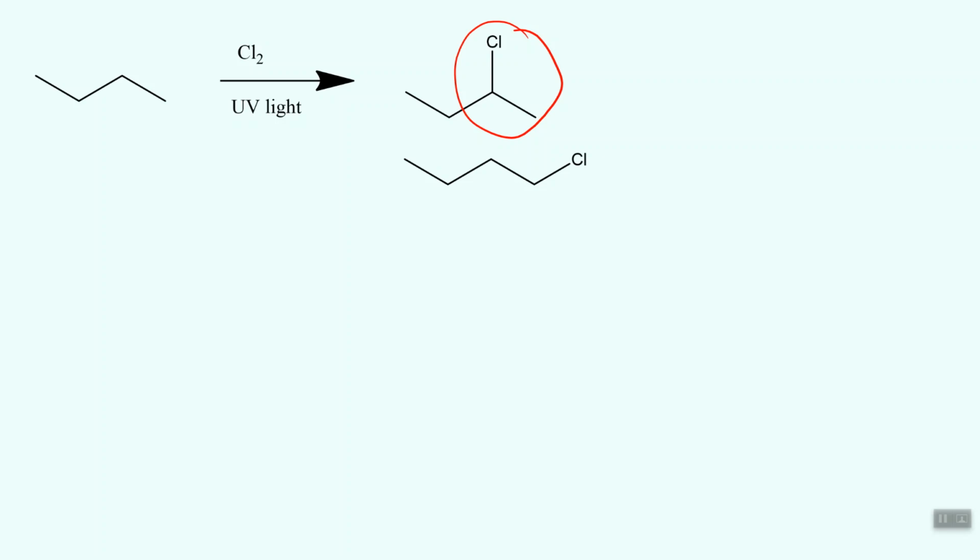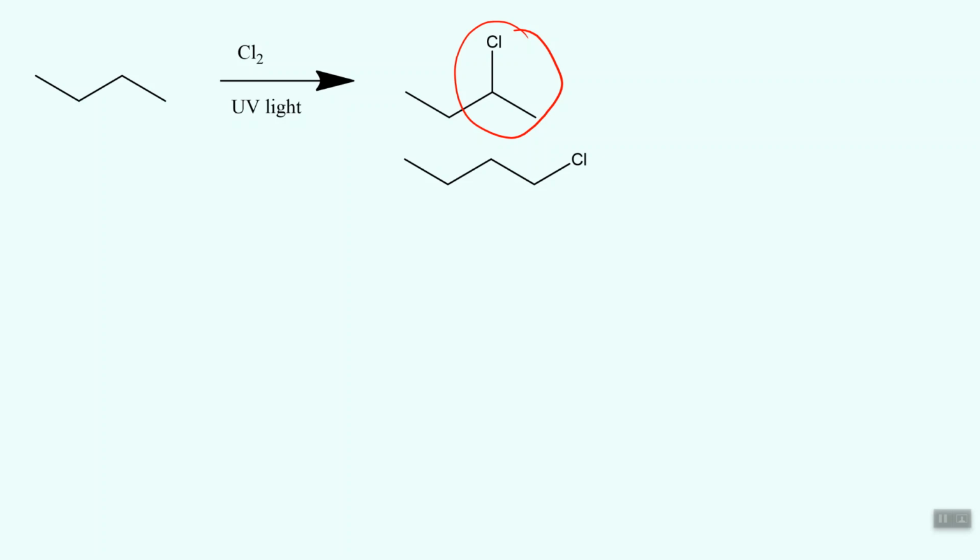Now, how do we get something to have a leaving group on it? And so there is a process for this, which involves this whole radical reaction thing. And I won't show you the mechanism because it's a little bit complicated, but suffice it to say, it still has an initiation, propagation, and termination step.